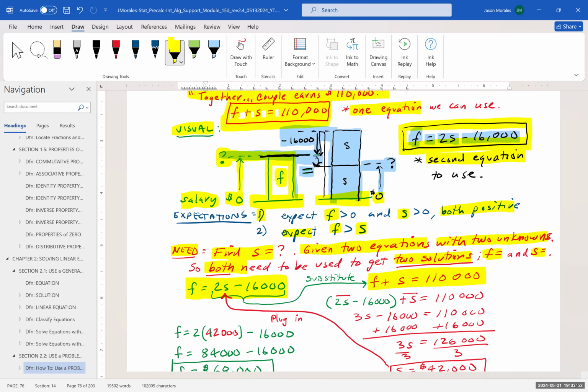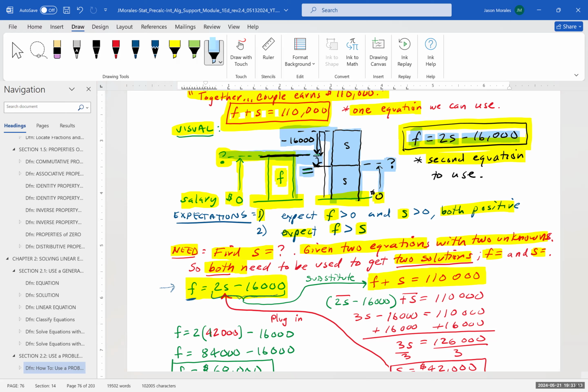So how do we use these 2 together? Well, this equation here on the left tells us that we can substitute F for this expression here to the right. So anywhere we find an F, we can put 2S minus 16,000 in its place.